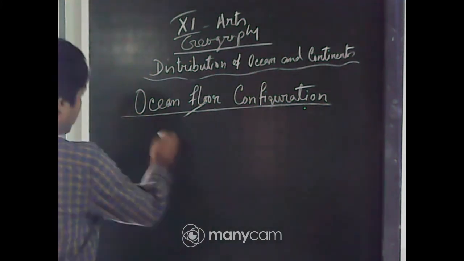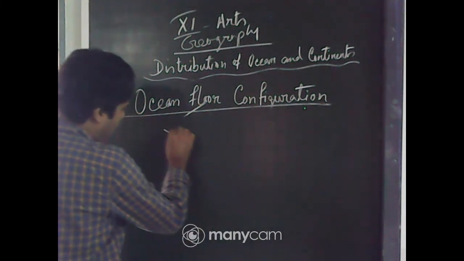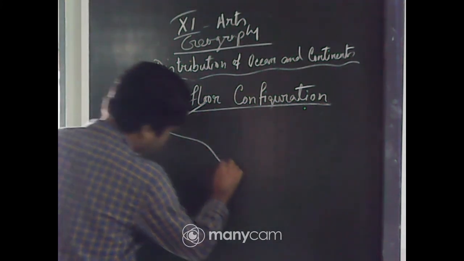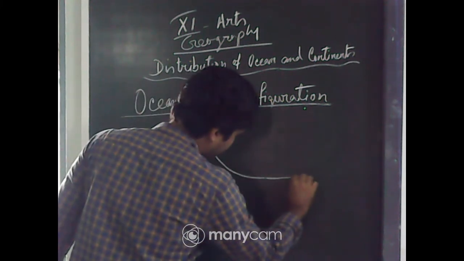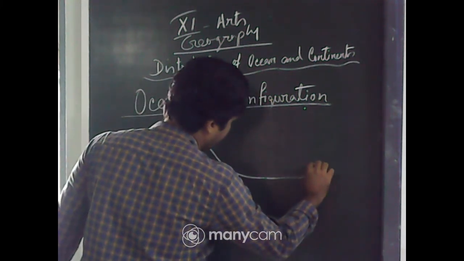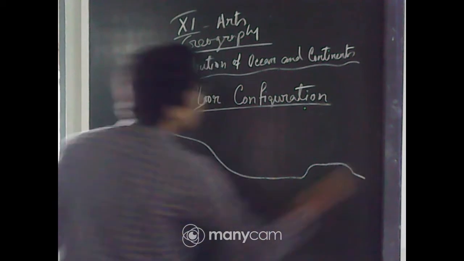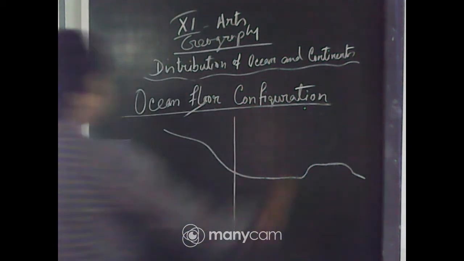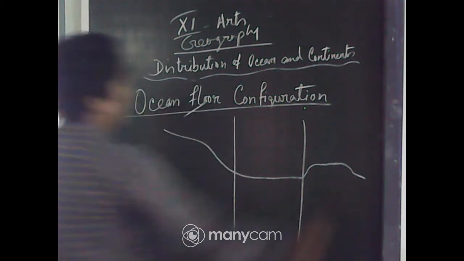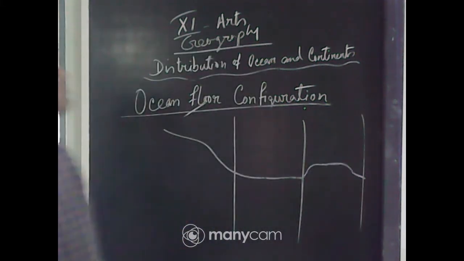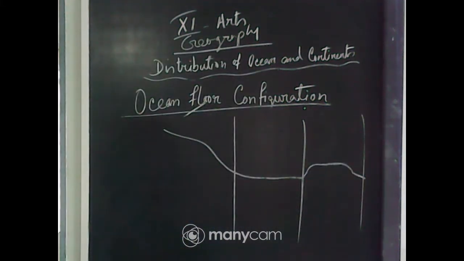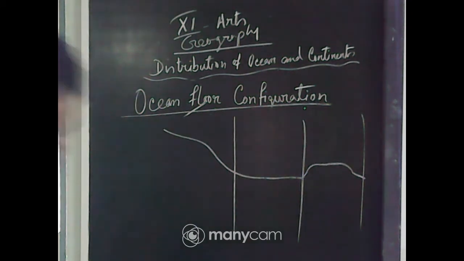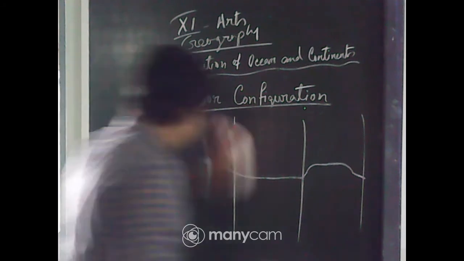Suppose according to the slope, if you see from the coast, this is the continental margin, this is deep sea plain, this is mid oceanic ridge. If you draw a full picture, it looks like that.